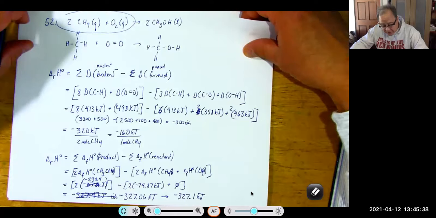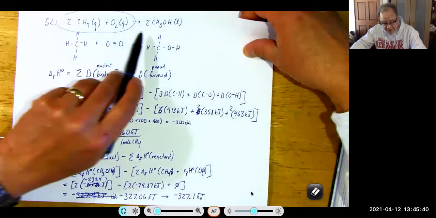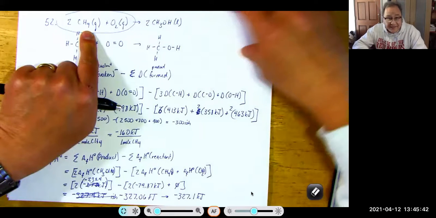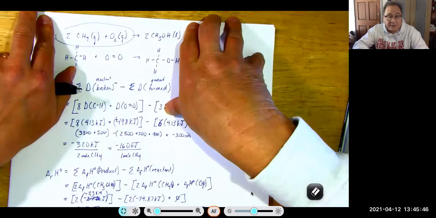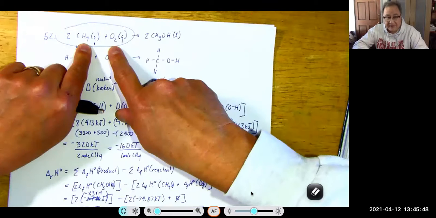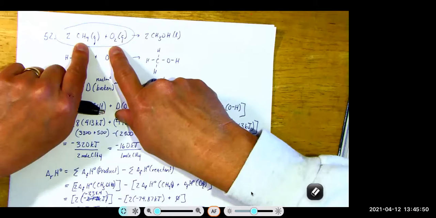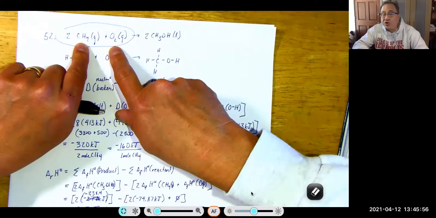And it is reasonable for you to figure out, not that this would be the product, but I could ask you, what are the combustion products of this? CO2 gas, and H2O liquid, yeah, that's right.